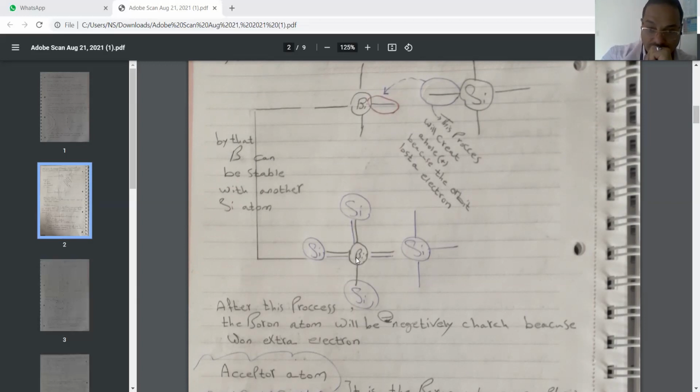Here, boron, I forgot to draw another line here. I'm sorry. See, boron here, after taking this extra electron, will have 4 equivalent bonds, and can build strong bonds with the other silicon atoms, the other neighbors, you can say like that.